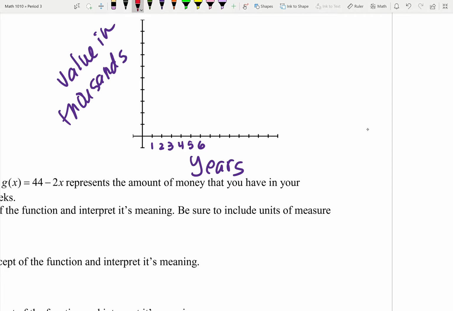I know it's going to hit that x-axis at 6. This is going to go up to 9. 1, 2, 3, 4, 5, 6, 7, 8, 9. I know initially it's 9,000, so that's going to go there. You guys, my line's going to look like this. There's your graph. You have to label years on the bottom and value on the side.